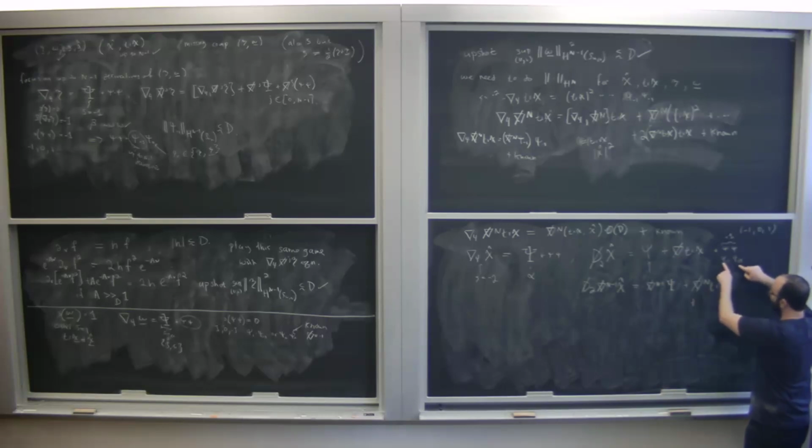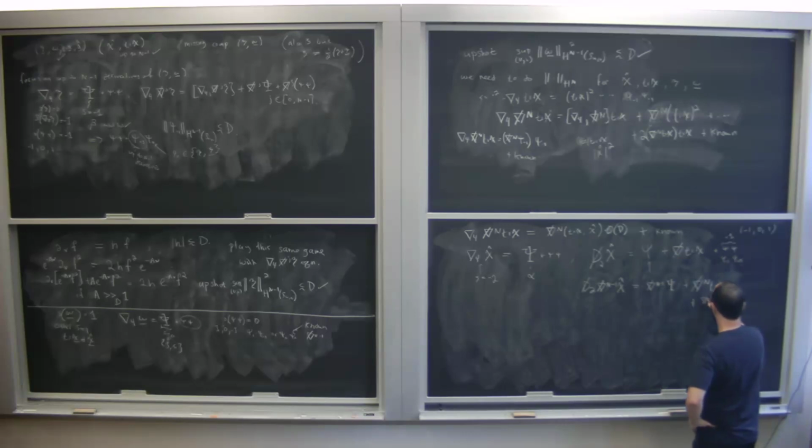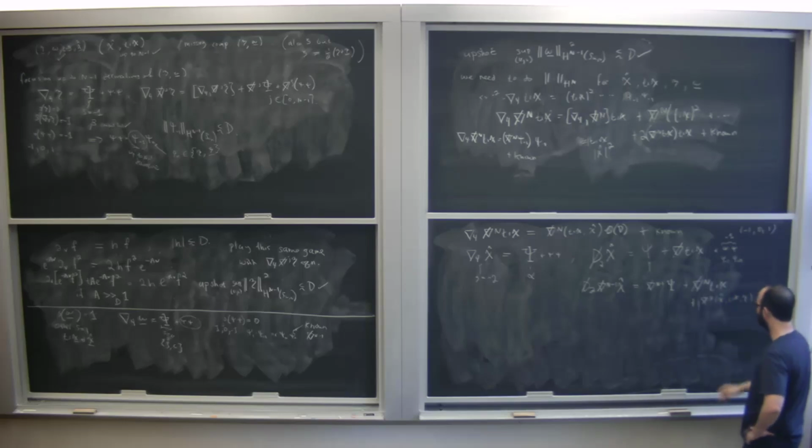If anything less than n, I already control every possible norm here. So the only thing I'm worried about is if all n derivatives hit one of these things. So basically, I could get nabla n of chi hat, trace chi, or eta, again, times something like, I'll write it like this.